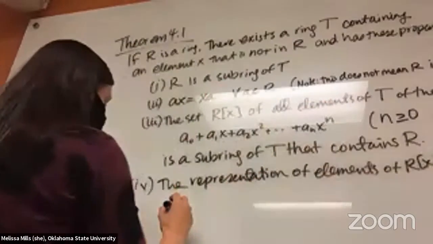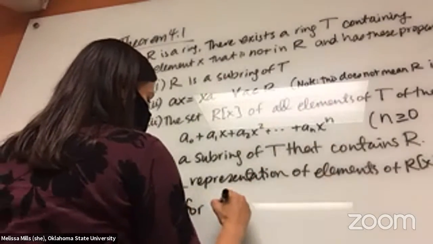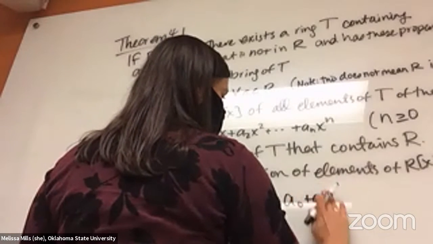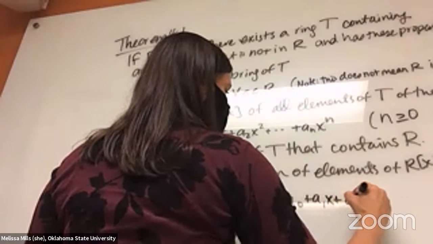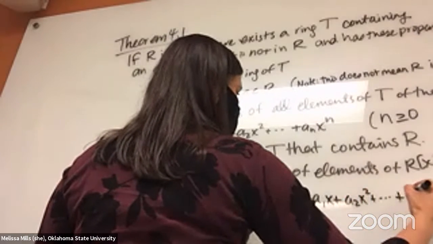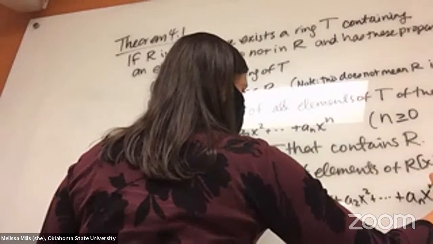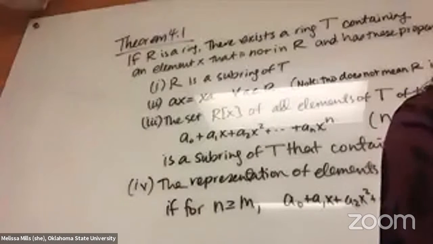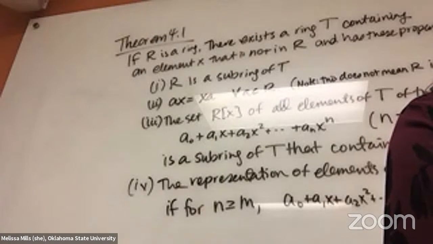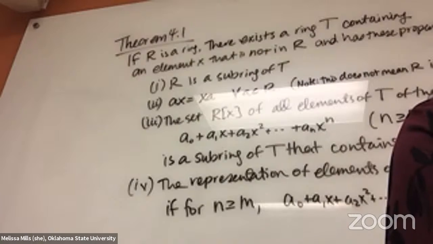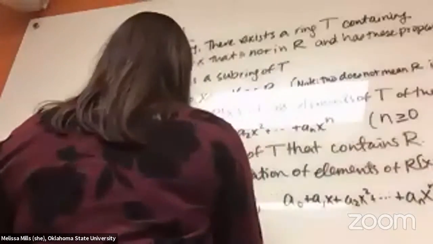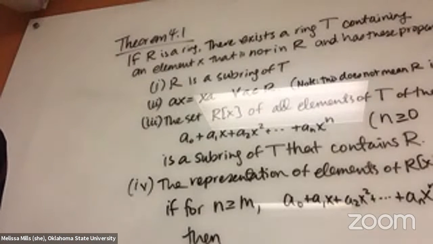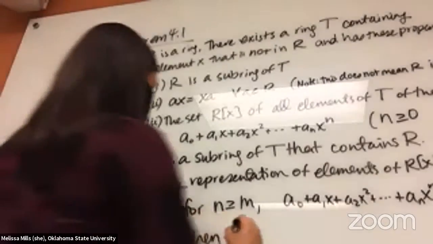So if, for n less than or equal to m, a naught plus a1 x plus a2 x squared plus dot dot dot plus an x to the n equals b naught plus b1 x plus b2 x squared plus dot dot dot plus bm x to the m, then what are we going to have to say? Well, ai equals bi.